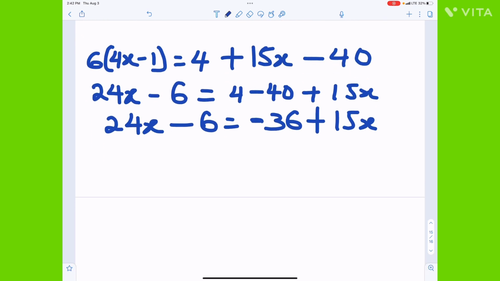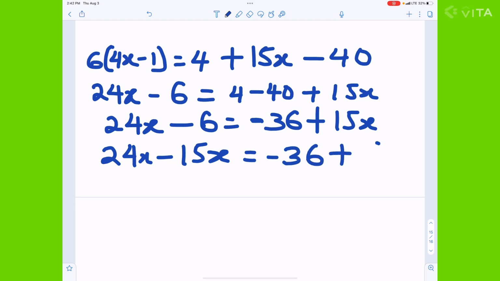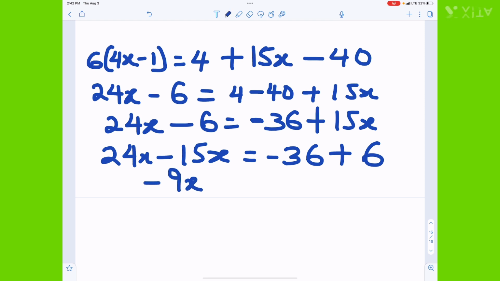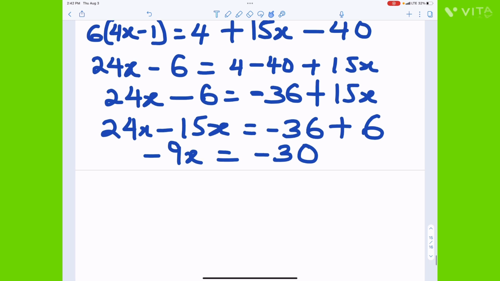So I can collect like terms now. 24x minus 15x is minus 36 plus 6. If I take this minus 6 to the right, it will change to plus 6. So I have 24 minus 15 is 9x is what? Minus 30. Minus 36 plus 6 is minus 30.